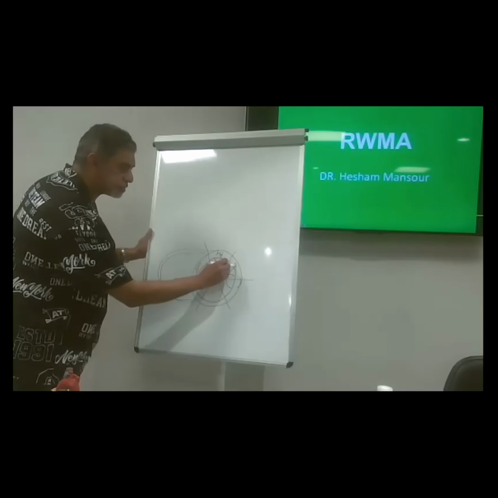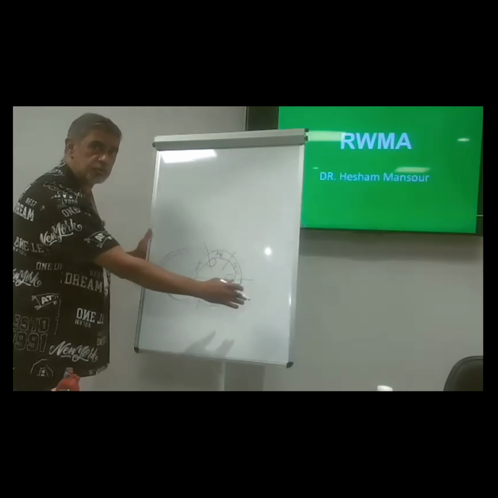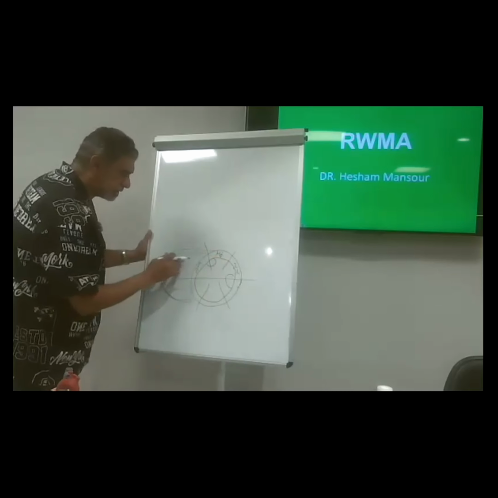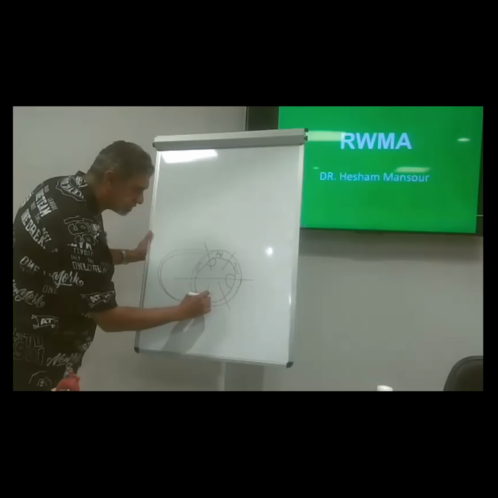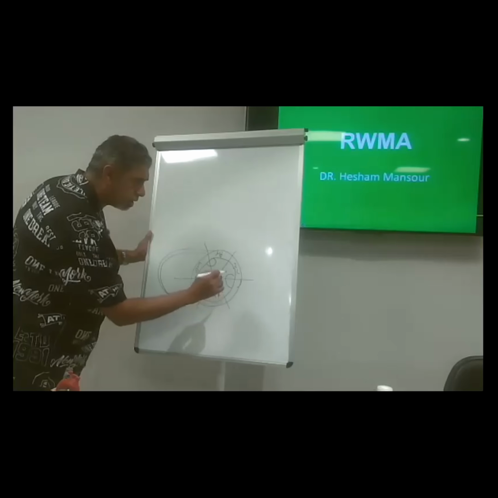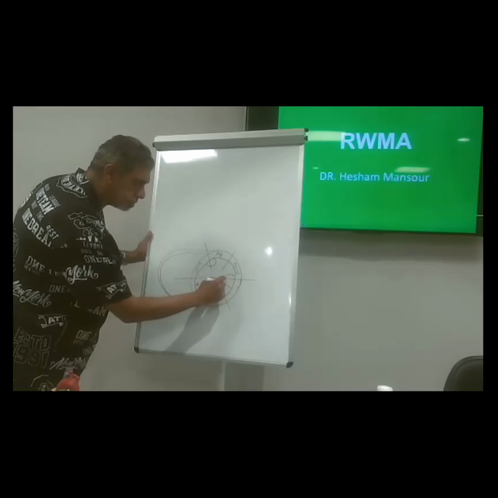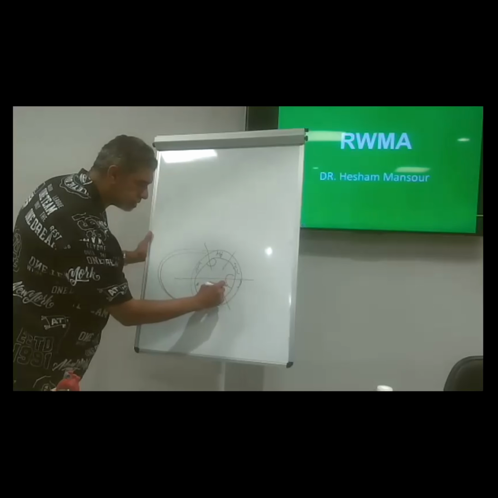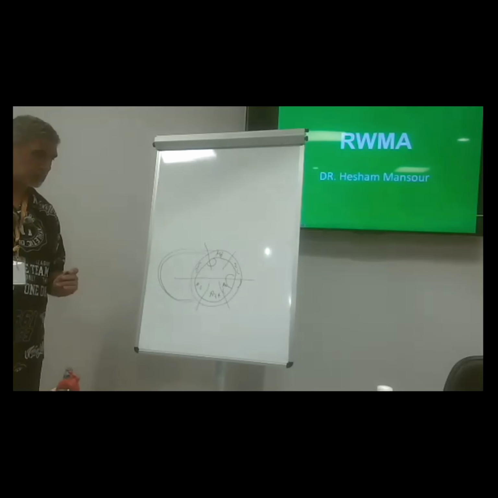This is inferolateral. Because there is nothing, this is a lateral wall. Here is the septum and this is the RV. Again, this is anterior, anteroseptal, anterolateral. Is it difficult? Simple.